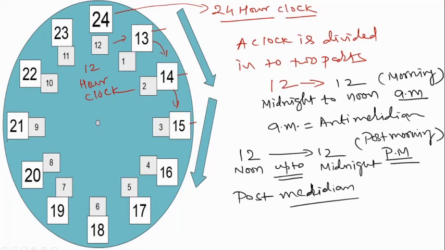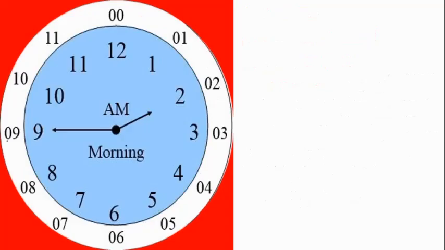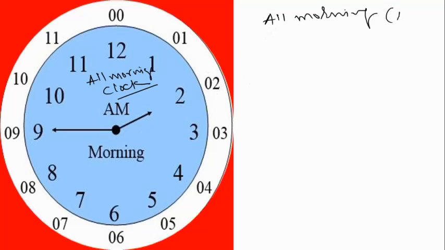So first draw this clock and read it. This is the morning clock. We call it AM or morning. This is all the morning clock. So how do we write it? All morning is AM, which is called anti-meridian.